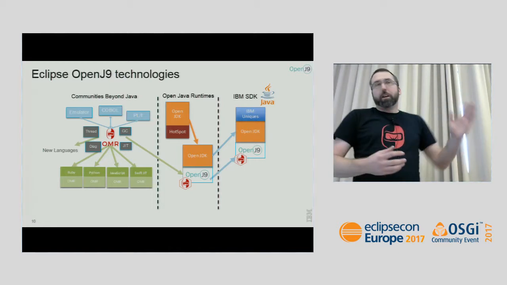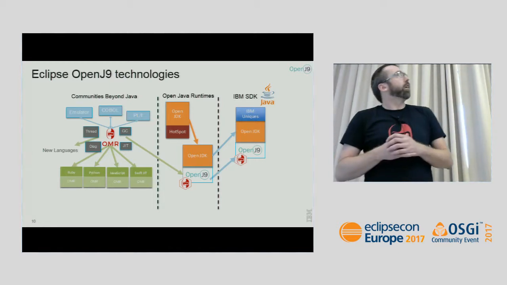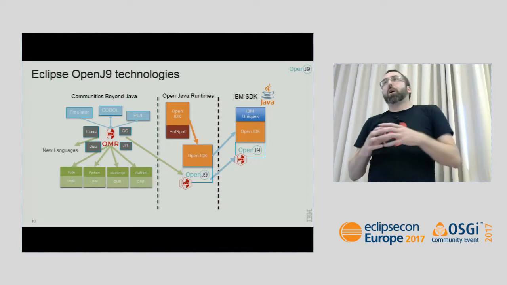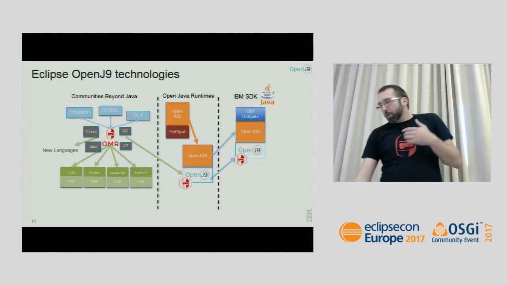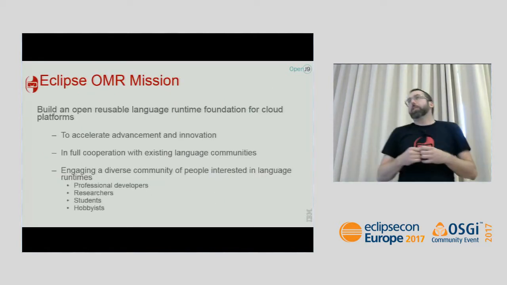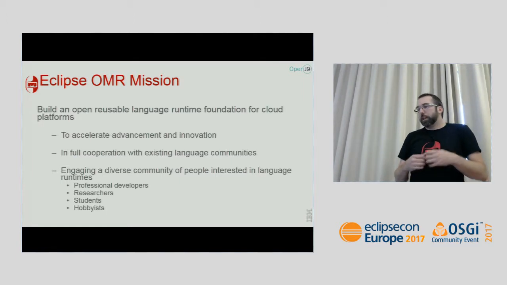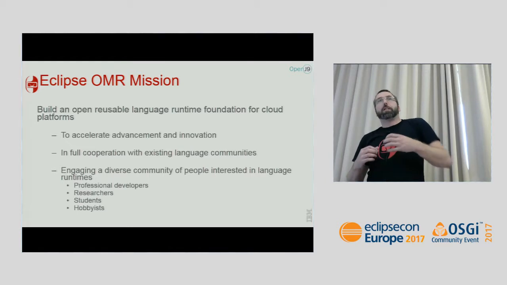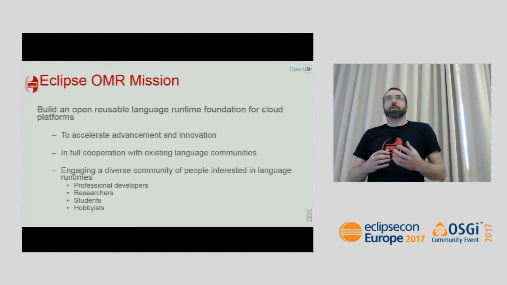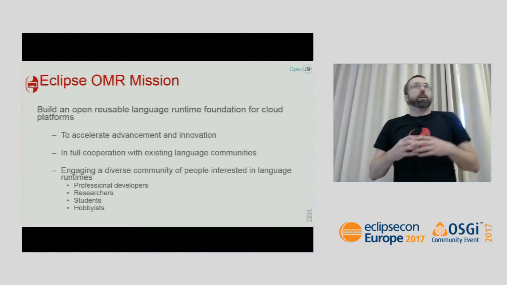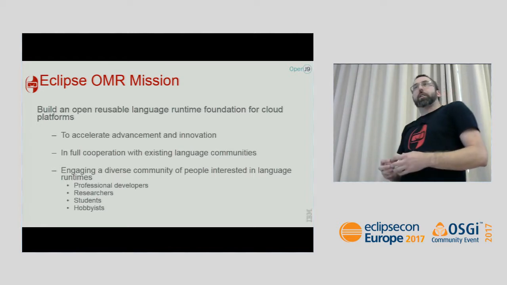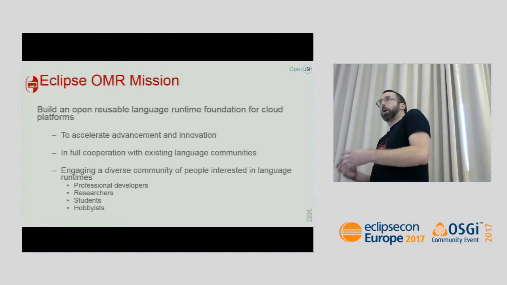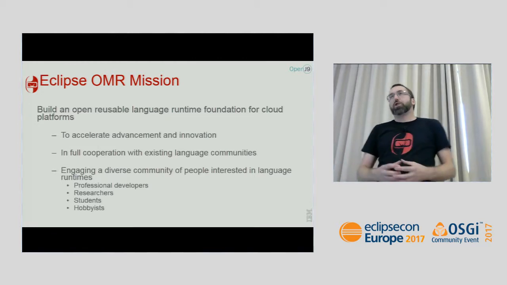To the left of the Open Java runtimes is the OMR project. We created this in 2016 to build an extensible and reusable piece of virtual machine technology. We really believed that our GC, our just-in-time compiler, and a bunch of other parts of the runtime didn't have to be used only for a Java runtime.